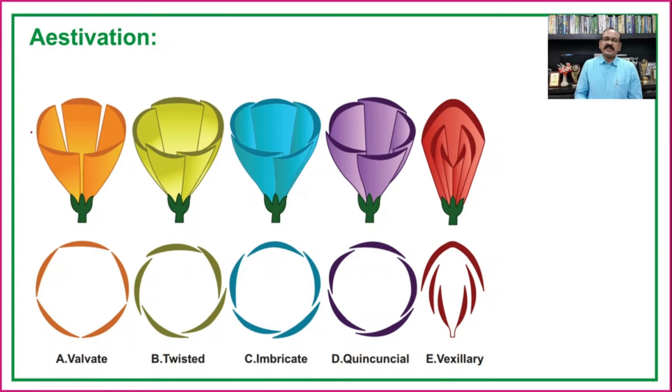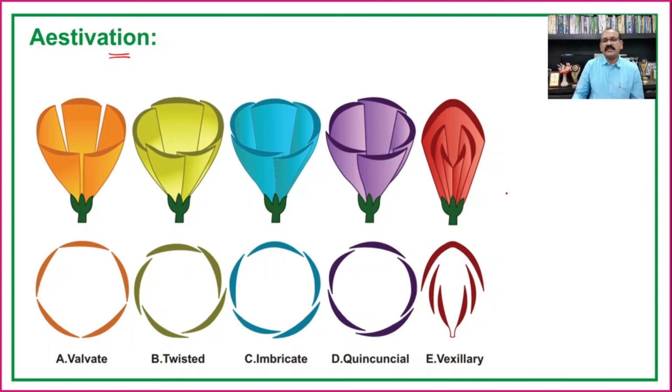Then estivation. Usually students make mistakes in the estivation or in practicals, because we are not reading the definition properly. If you see the definition of estivation, then you will find that it is the mode of arrangement of the petals or the sepals in the flower in bud condition.